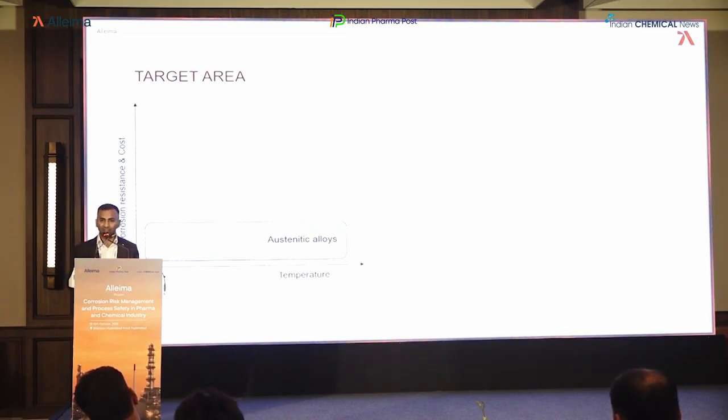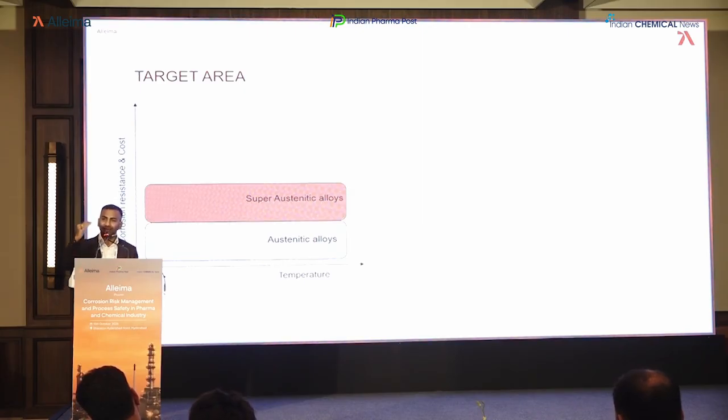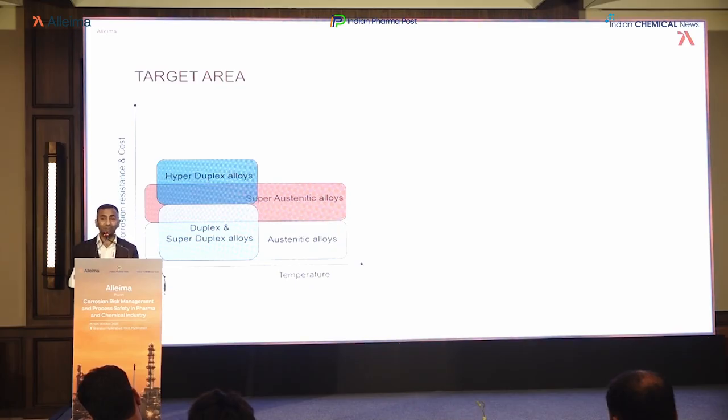Low-grade stainless steel can be operated up to 600, 650 degrees Celsius. Then comes super austenitic stainless steel, which is slightly higher than low-grade stainless steels, again with a wide temperature range. Then comes duplex, super duplex, and hyper duplex family, where the corrosion resistance is higher with higher mechanical strength in the material. But the problem is temperature limitations. You cannot use duplex or super duplex beyond 300 degrees Celsius.